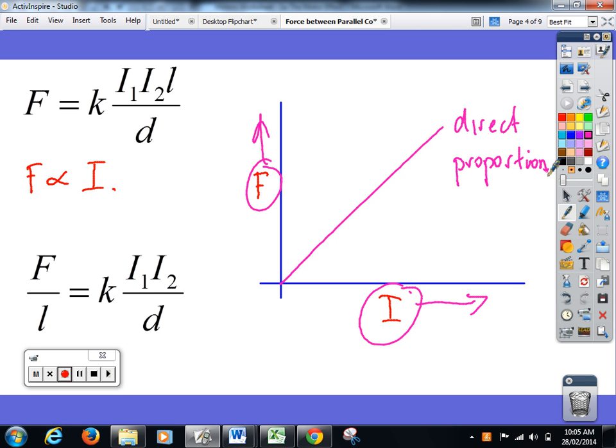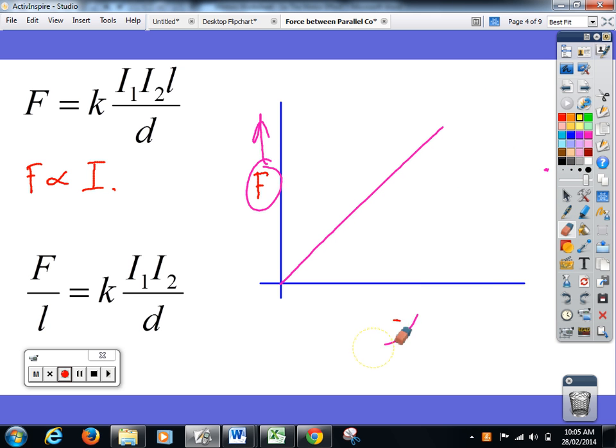Okay, so direct proportion. So these graphs are very, very quick to sketch. The second graph is drawing a graph where it has force still on the vertical axis. Let's get rid of all that.